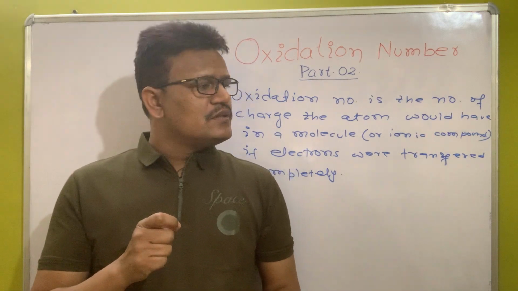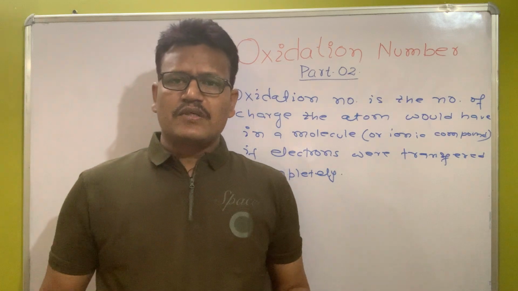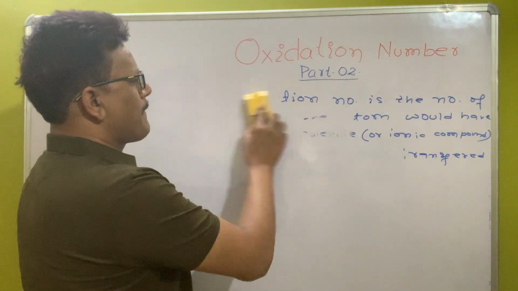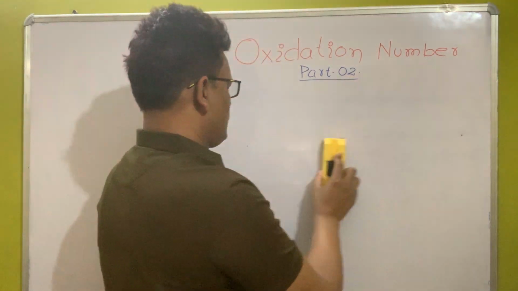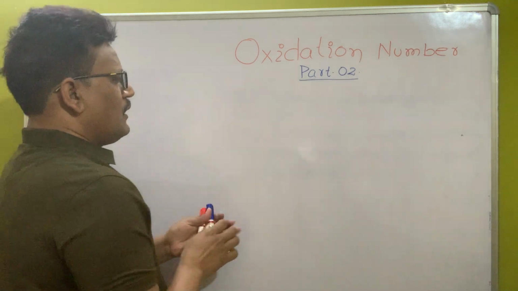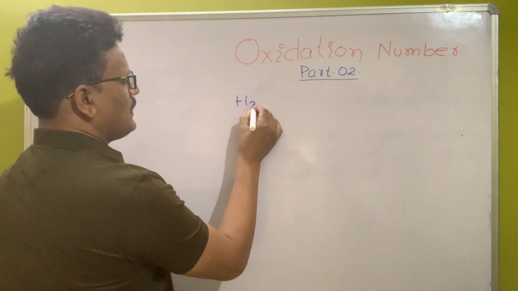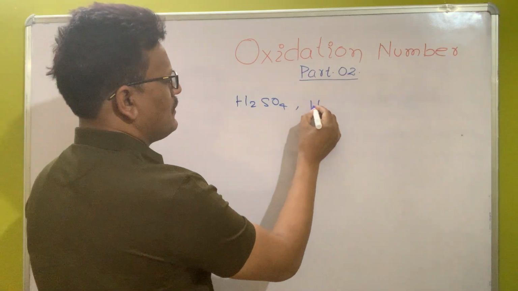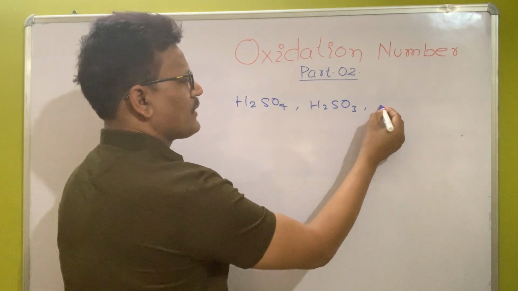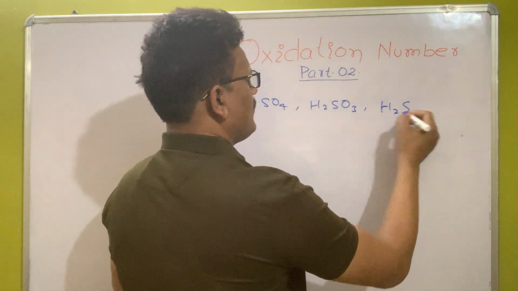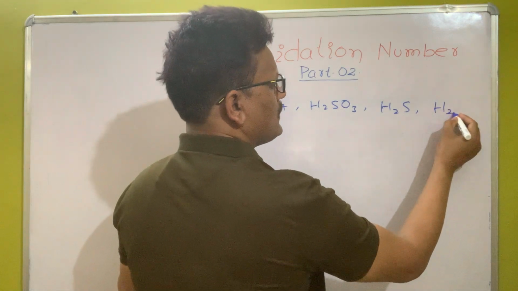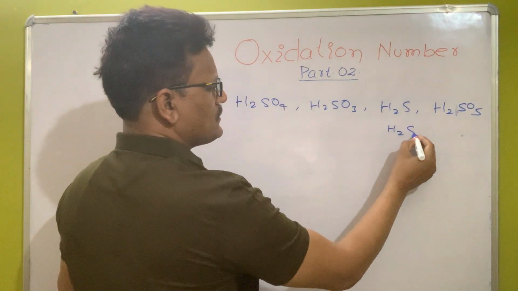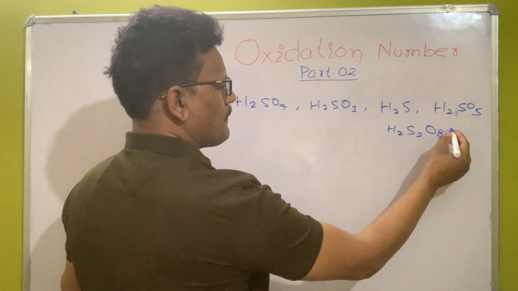So I'm giving you 5 different compounds: H2SO4, H2SO3, H2S, H2SO5, H2S2O8.